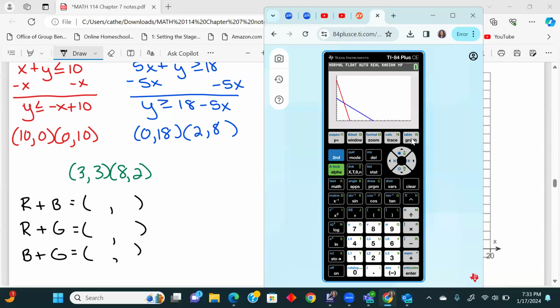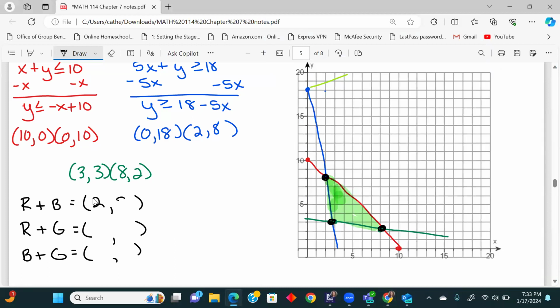We hit graph. And we just need that point right there where they intersect. So second, trace, intersect. It says first curve, you hit enter. Second curve, you hit enter. Again, we're not moving that cursor. And it says guess, you hit enter. So that corner point is at 2, 8.